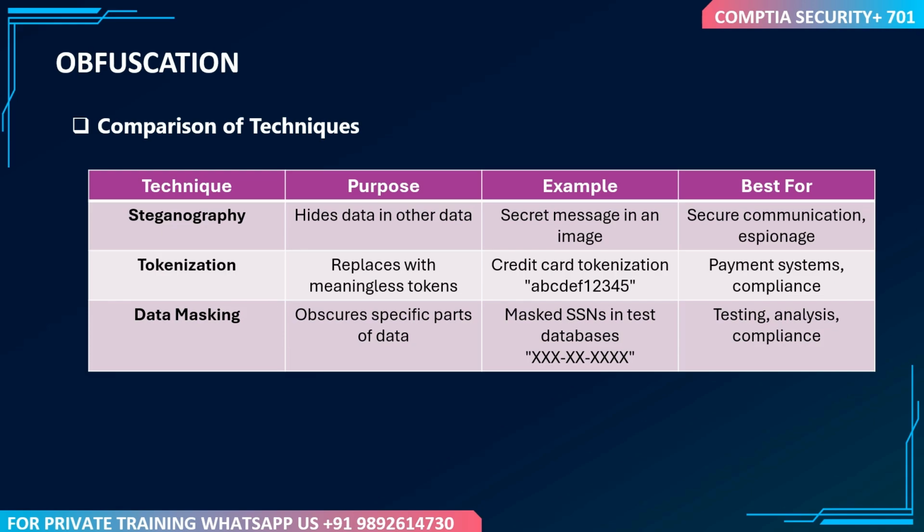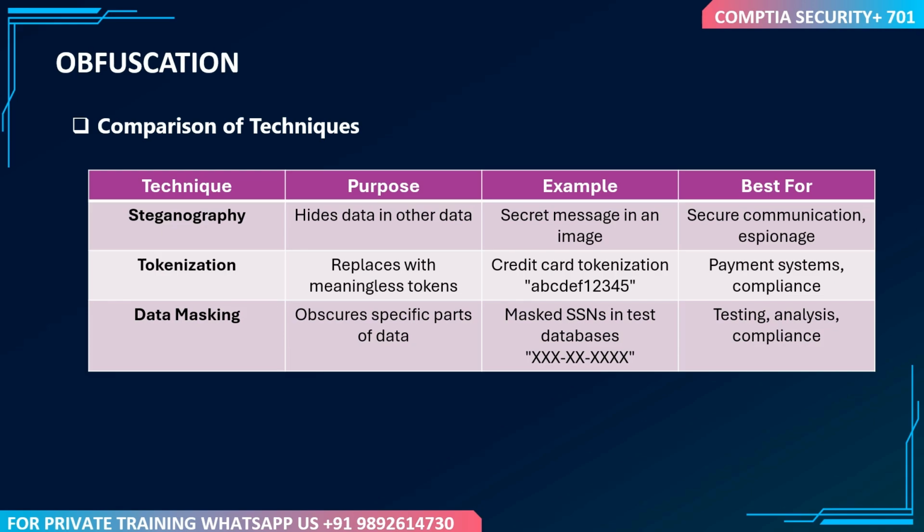Steganography works by hiding data within other non-sensitive data, like embedding a secret message in an image or audio file. Its primary goal is to conceal the existence of the hidden information. Tokenization, on the other hand, replaces the sensitive data with meaningless tokens, such as substituting a credit card number with a random string like this. This ensures that even if the token is exposed, it has no value without the tokenization system's vault.